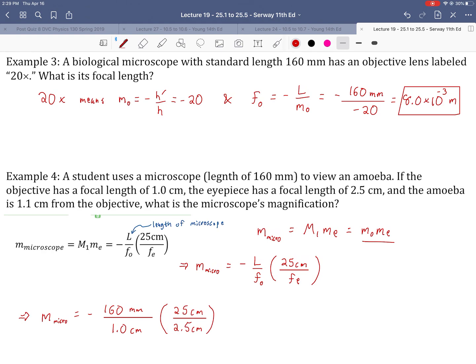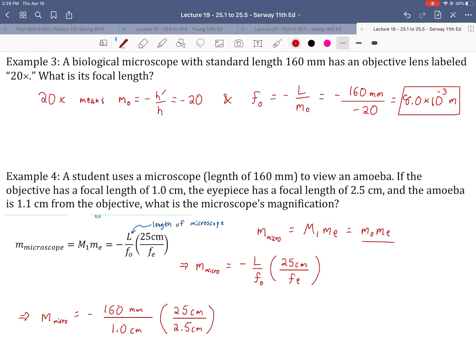Magnification is S over, let's see. Oh, I see. I think I see what I did here. Well, we did plug in the correct things. We're given both the focal length of the objective lens, 1 centimeter, and of the eyepiece. I see, okay.